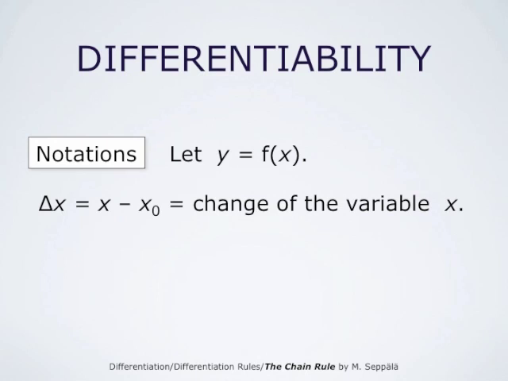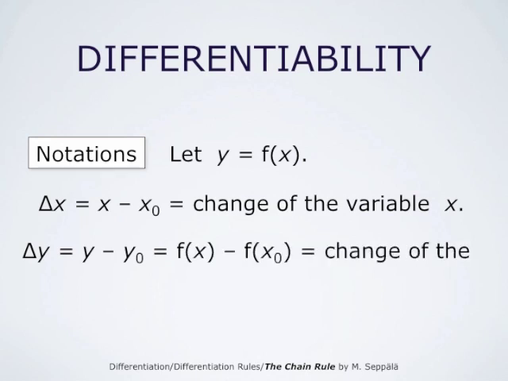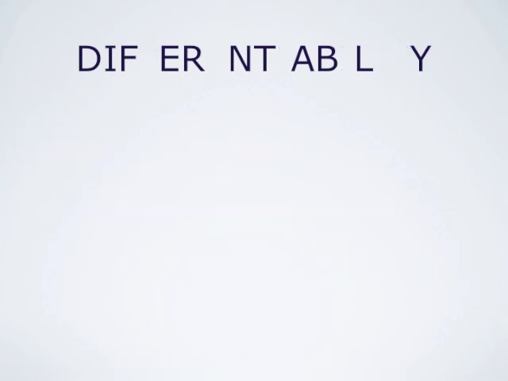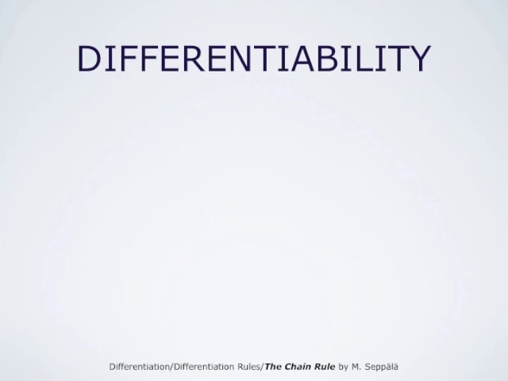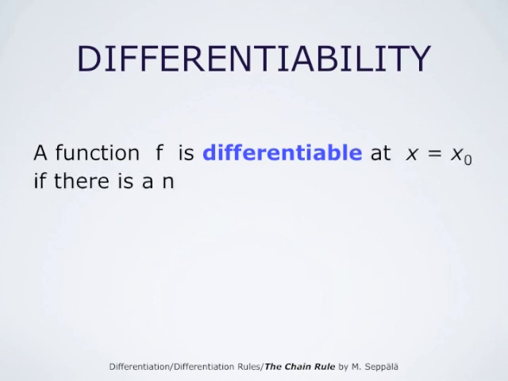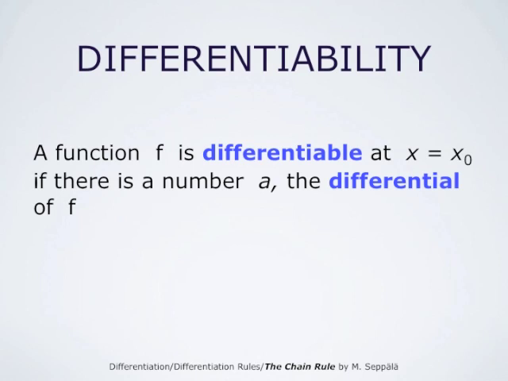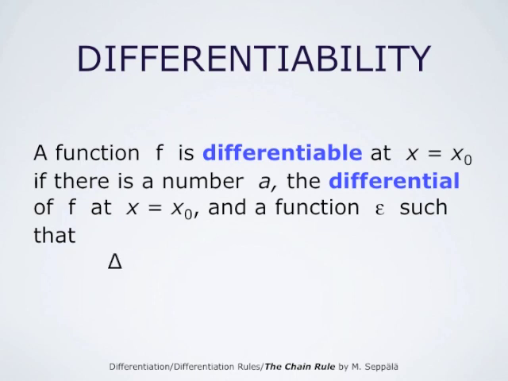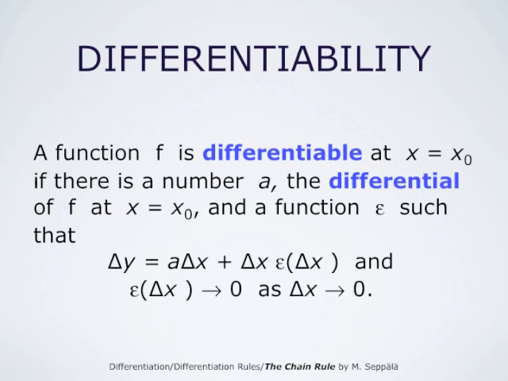The change in the function values, that is delta of y, is y minus y0, f at x minus f at x0, and with these notations we defined differentiability by saying that a function f is differentiable at x equals x0 if there is a number a, the differential of f at x0, and a function epsilon, such that delta of y is of the form a times delta of x plus delta of x times epsilon delta of x, and epsilon delta of x goes to 0 as delta of x goes to 0. So this is the definition of differentiability.